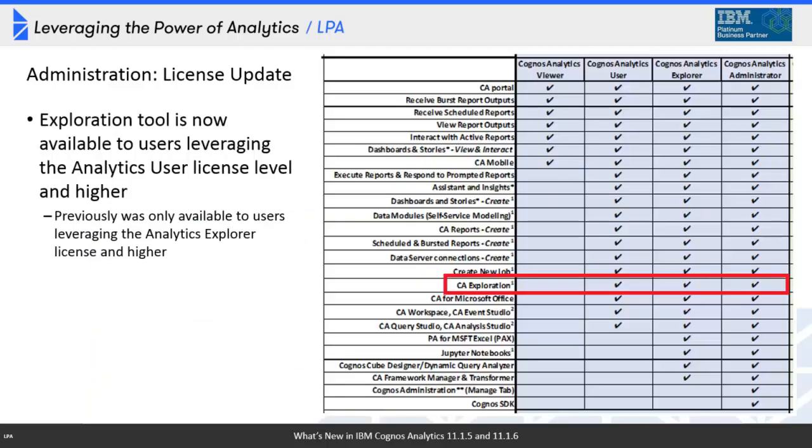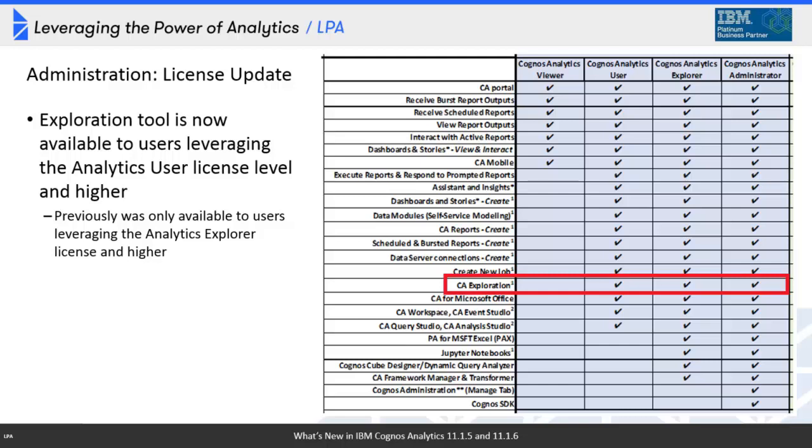And finally, there's been an update to the licensing. Prior to now, the exploration tool that was introduced with 11.1 has only been available to people leveraging an Analytics Explorer license.